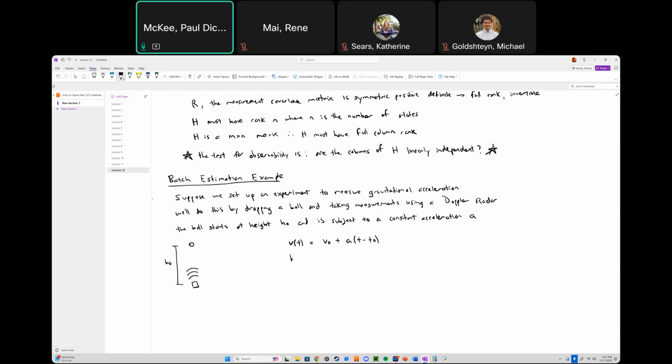We also know that its height is basically going to be a quadratic equation, right? It's going to be an initial height and then some term that is linear in velocity. And then also, I believe this should be V naught. And then also there's going to be some acceleration term, a over 2 times (t minus t0) squared.